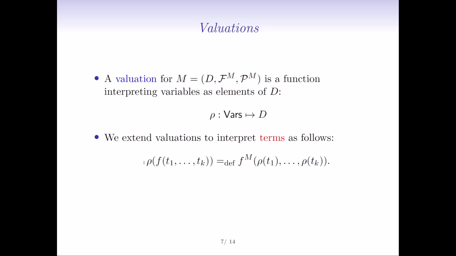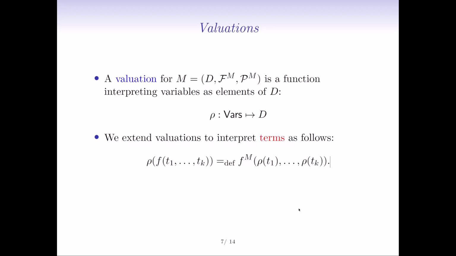So we already know what a valuation does to variables, and then supposing that we have a function symbol applied to some terms, then we just say that the valuation of that term, the function applied to some other terms, is just the interpretation of the function symbol applied to the interpretations of all the terms.